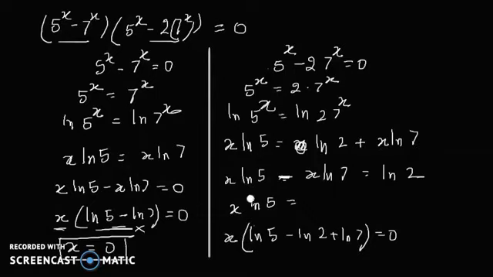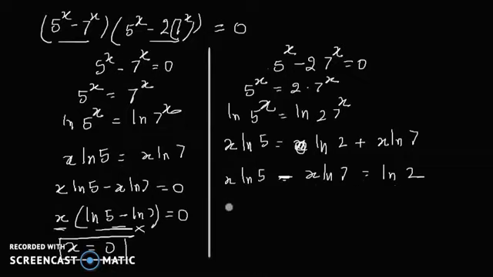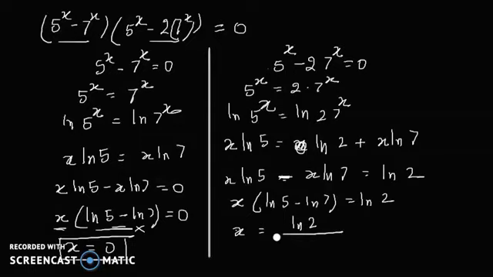This x ln 7 I have shifted to left hand side. So x ln 5 minus x ln 7 is ln 2. And then further I can take x common. So that makes it x times (ln 5 minus ln 7) equal to ln 2, and from there we get x equal to ln 2 over ln 5 minus ln 7.